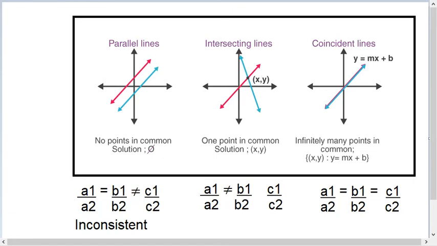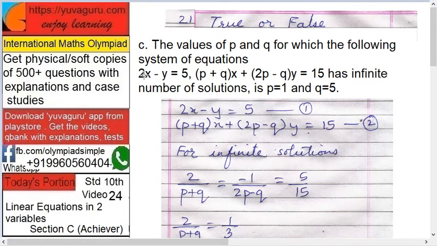When they are coincident, means overlap each other. Then all the points would be common, right? If they are intersecting, then only one point, and parallel means no point in common. So the condition for overlapping is a1 upon a2 equals b1 upon b2 equals c1 upon c2. This is the condition.